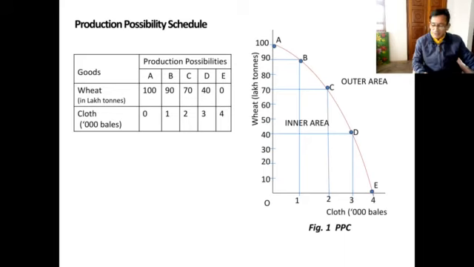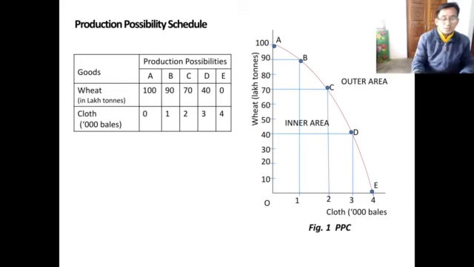It is because in a situation of fuller utilization of resources, given the resources, production cannot be increased. If we want to produce more of good X, we have to sacrifice more of good Y. That's why the production possibility curve slopes downwards from left to right.